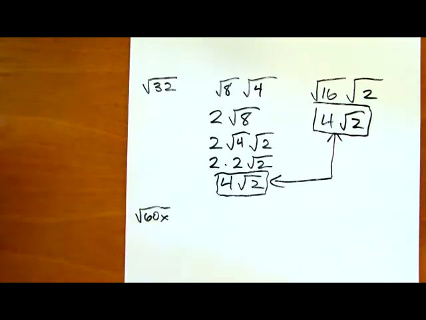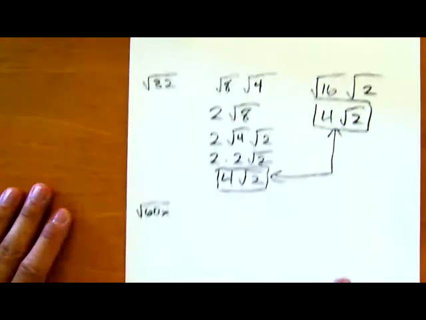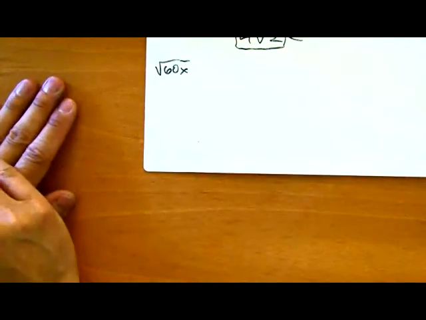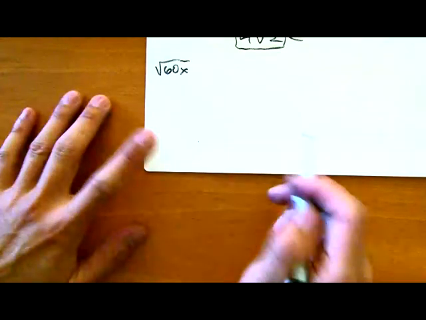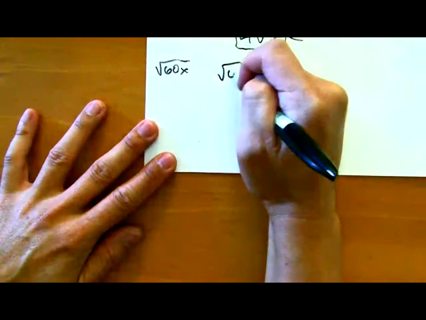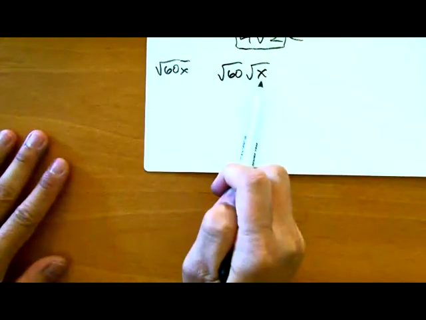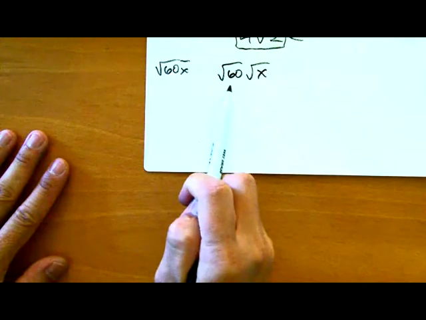Let's try it again. Simplify radical 60x. Okay, we will split it up into factors. Separate the number and the variable. Can't do anything with that. Maybe we can split up the 60.